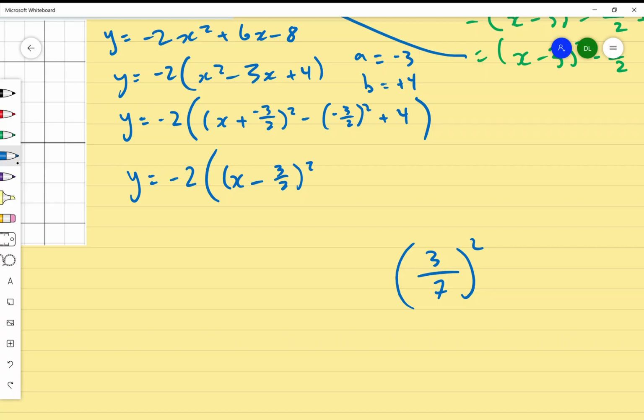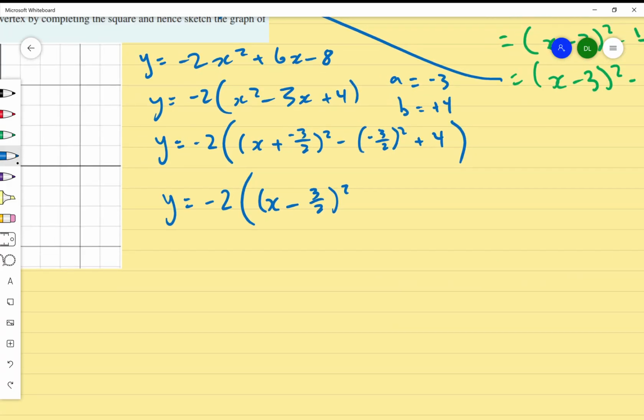Good, 3 over 7 times 3 over 7. The shortcut way is just square the top one and square the bottom one. Do you guys know about this? Yeah? So we're going to do that. So I'm going to get minus 9 over 4. Yes? Lovely. And then plus 4 over here.